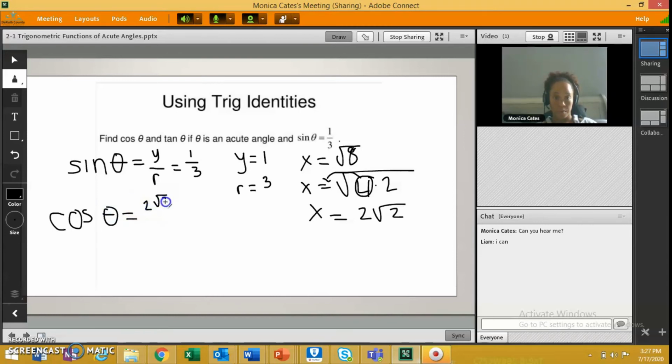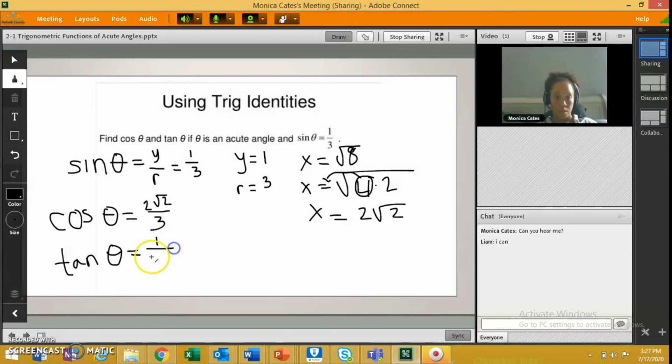Very good. And what about tangent? One over 2 square root of 2.